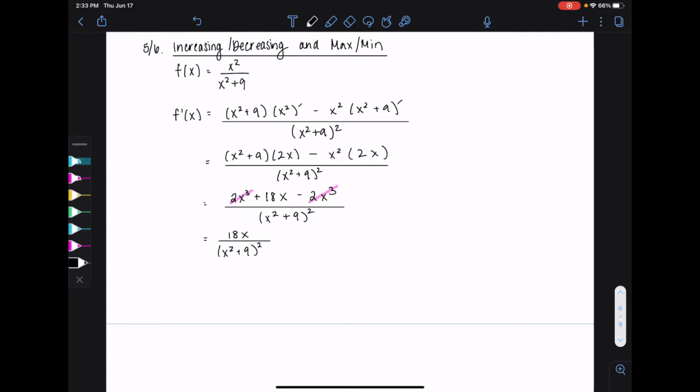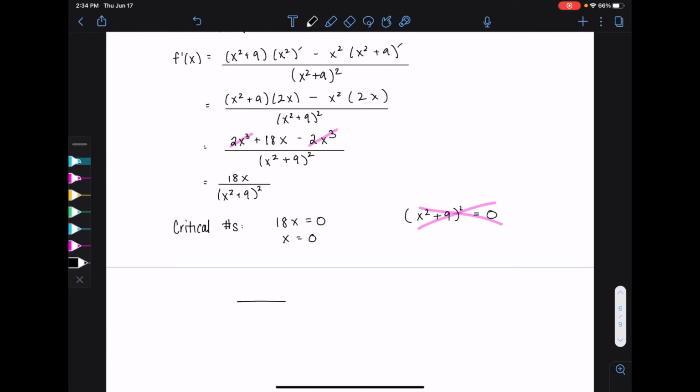So we have to find our critical numbers. This is going to be where our numerator equals 0. So 0 is an important point. Or the denominator is equal to 0, which again, that doesn't happen. So I really have a single critical value that I need to test, which is 0.